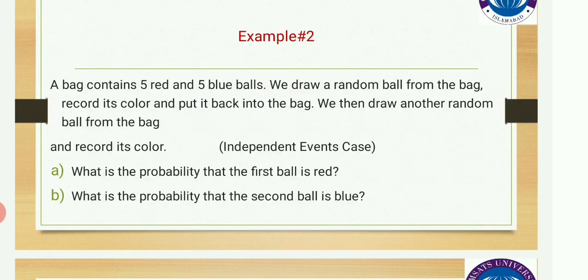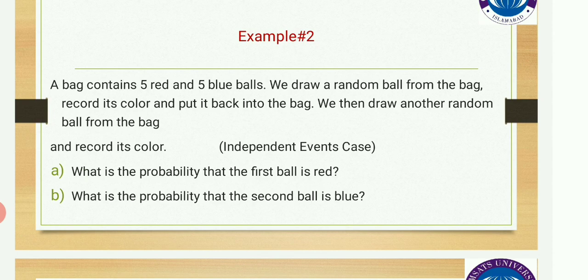Example number 2. A bag contains 5 red and 5 blue balls. We draw a random ball from the bag, record its color, and put it back into the bag. We then draw another random ball from the bag and record its color.